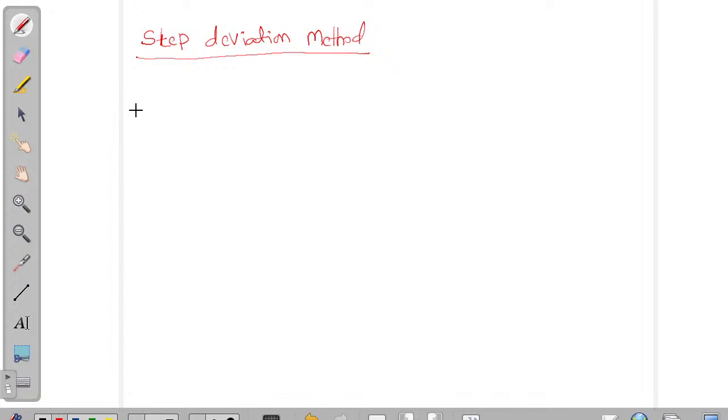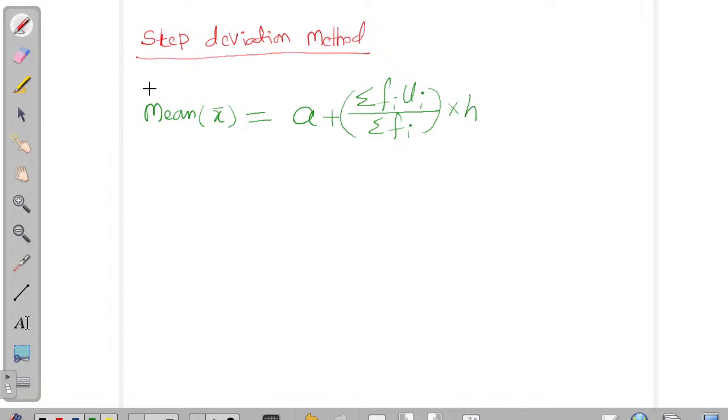The formula to find the mean in the step deviation method is mean x bar is equal to a plus sigma fi ui by sigma fi into h.